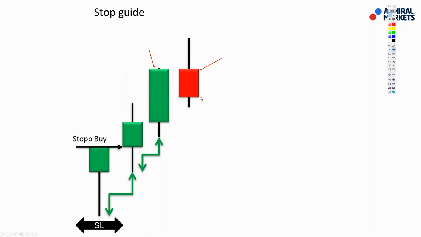Maybe you remember what we have to do with our stop now. What do we have to do if we see an inside bar? We have to put our stop one candle back. So you have to put your stop one candle below.